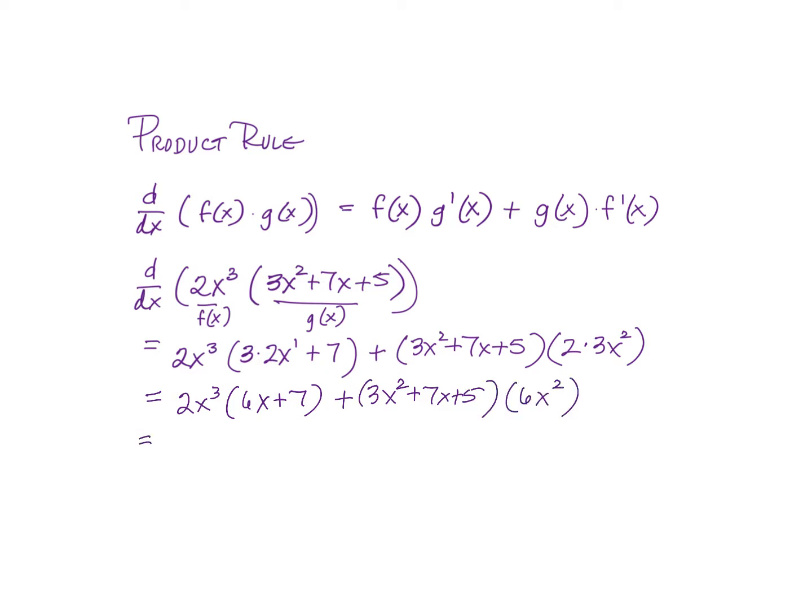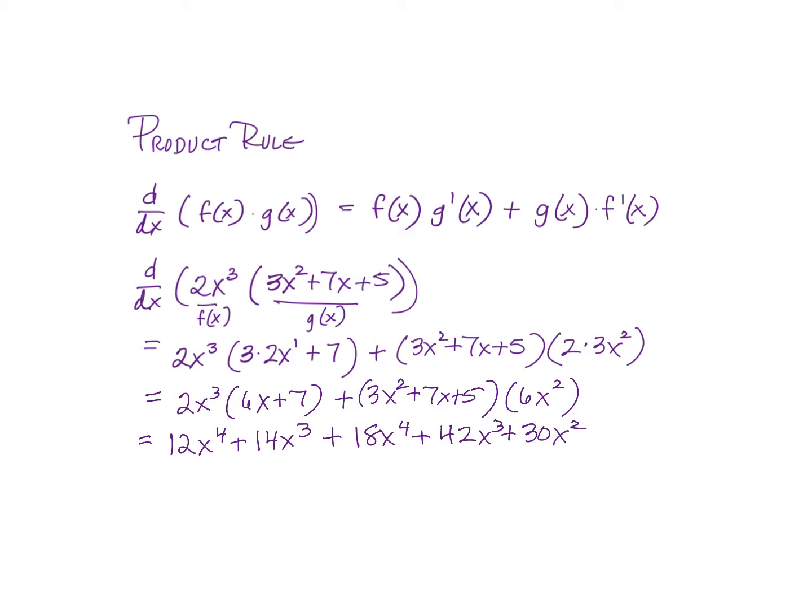And if we wanted to continue to simplify, we could with 12x to the fourth plus 14x cubed. Notice I distributed the 2x cubed, plus now I'm going to distribute the 6x squared. So I get 18x to the fourth plus 42x cubed plus 30x squared.